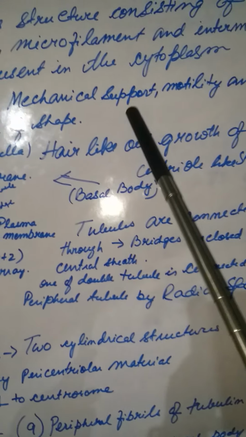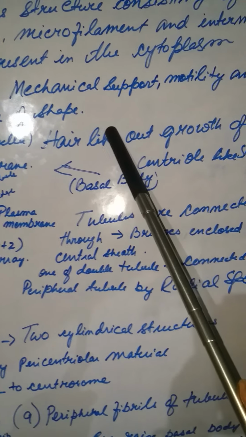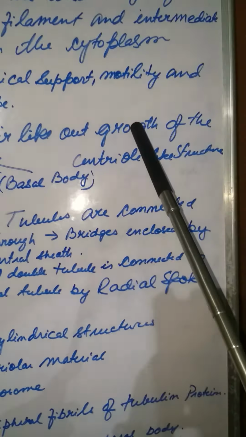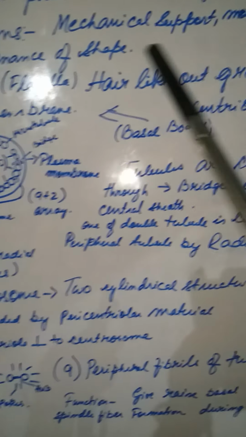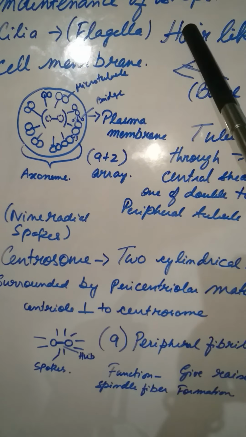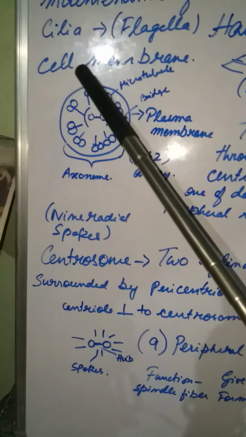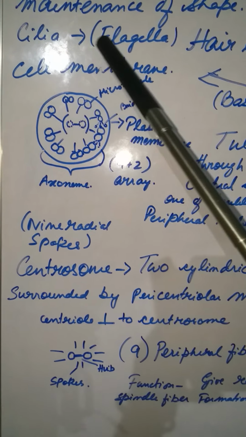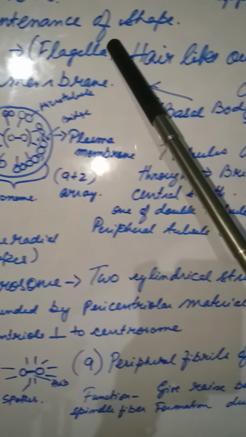So what are the three primary functions? Number one, mechanical support. Number two, mobility, and then the maintenance of the shape. Now next, it can also be categorized under cilia and flagella. What are cilia and flagella?